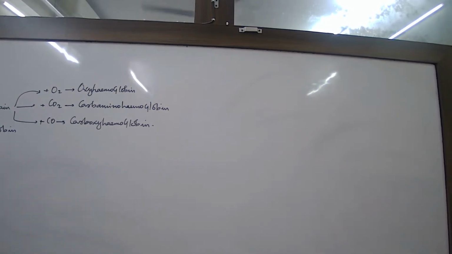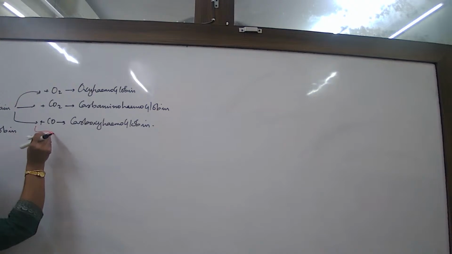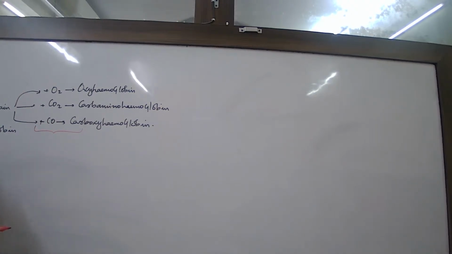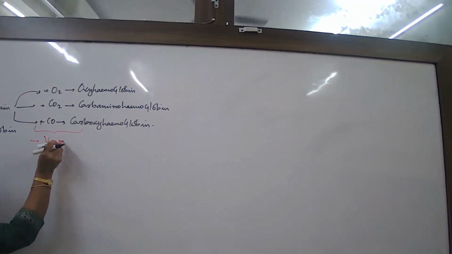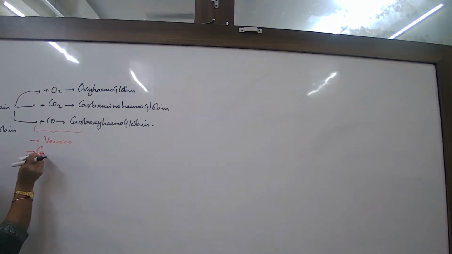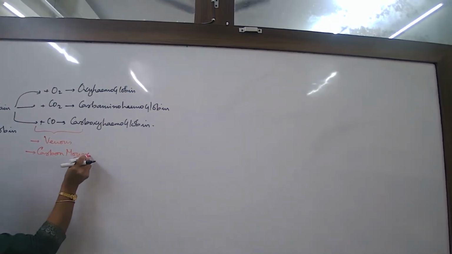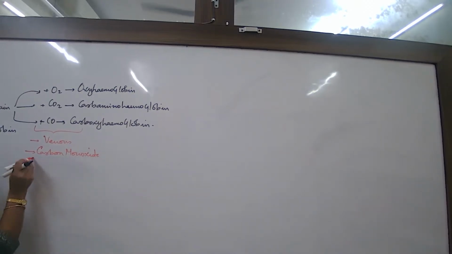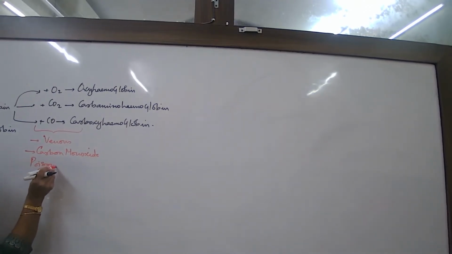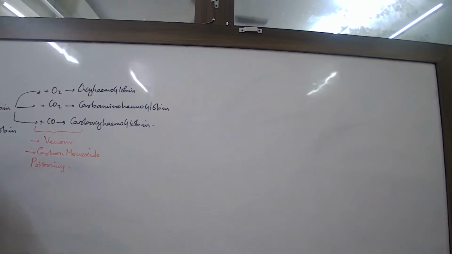So once this compound is formed in the body, what will happen? This makes the blood venous, and this condition is known as carbon monoxide poisoning. When is the chance that this may happen in our body?